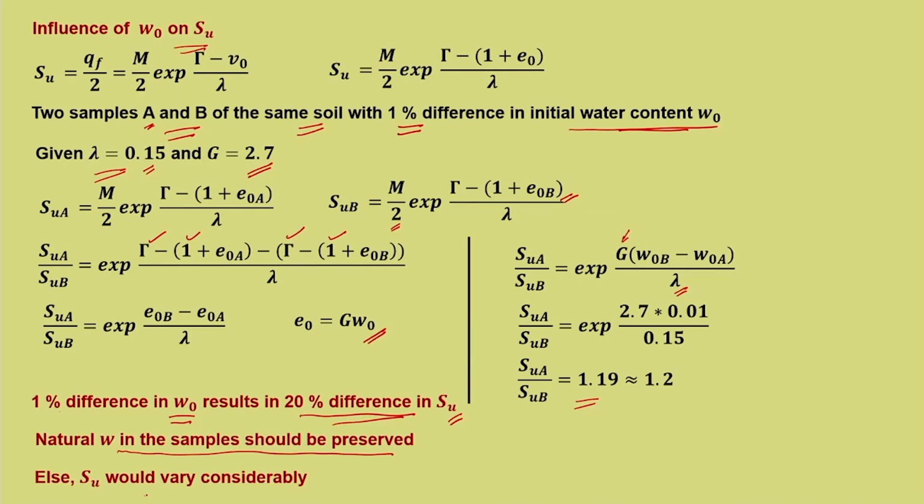Otherwise, it is going to influence the strength which is determined. Here, its influence on undrained strength is quite high. If we do not take care of initial water content, then SU would considerably vary and we will not be getting the condition that is existing in the field. So, that is all for the initial part of prediction.